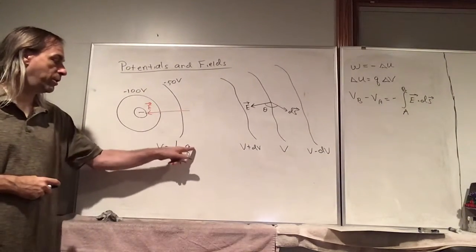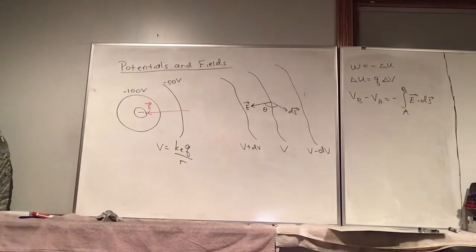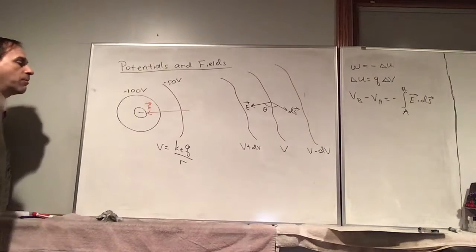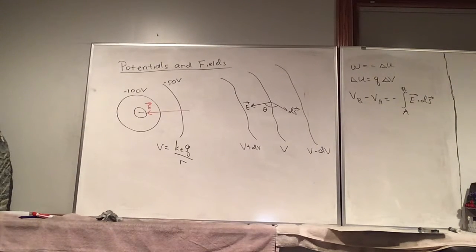So if we put Q as negative, then we get negative values, but numerically they would be the same. And so in this case, minus 50 is bigger than minus 100. We're not talking about magnitudes here. We're talking about its actual values. And so again, electric field is going from high potential to low potential.